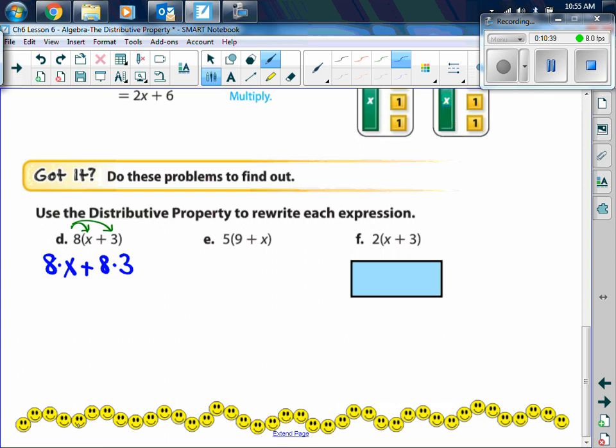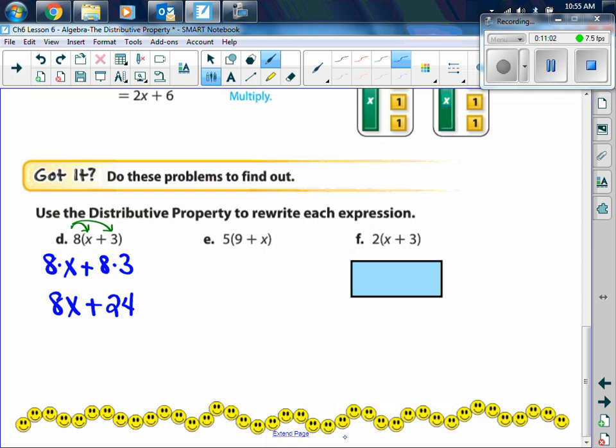So 8 times x is just 8x. And then plus 8 times 3, which is 24. You guys can skip this first step and go straight to the 8x plus 24, if you want to.